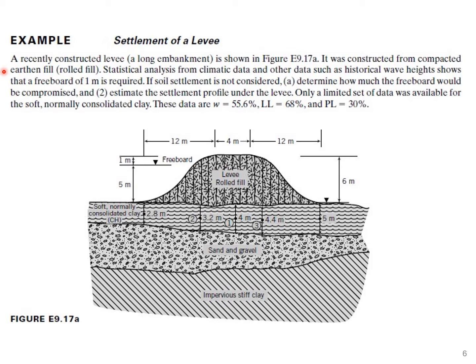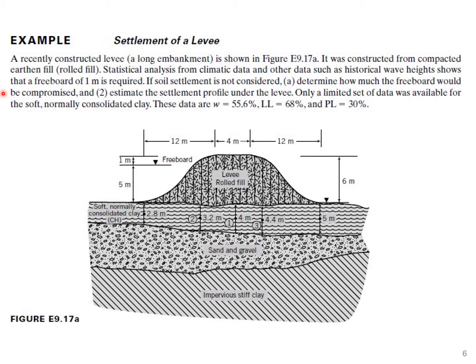Statistical analysis from climatic data and other data such as historical wave heights show that a freeboard of 1 meter is required. If soil settlement is not considered, determine how much the freeboard would be compromised, and estimate the settlement profile under the levee.